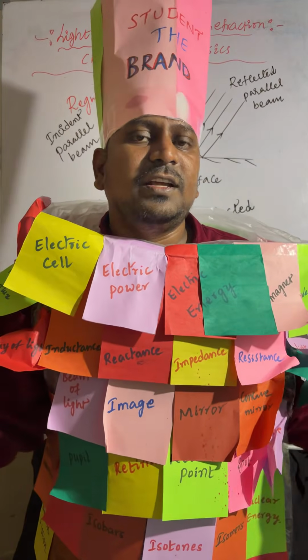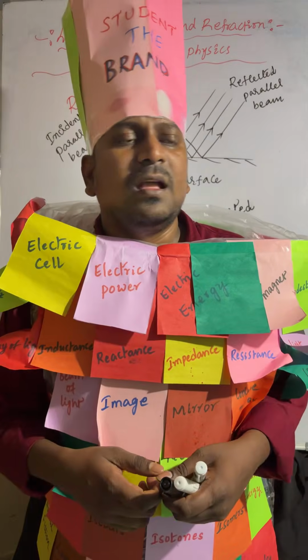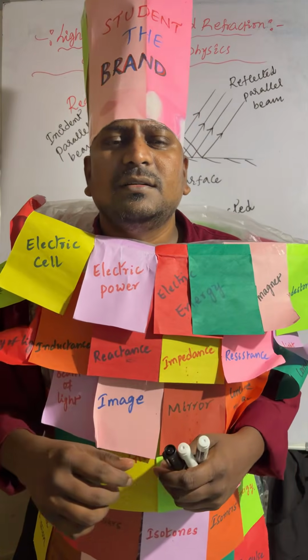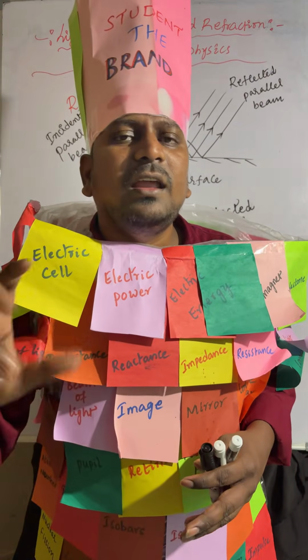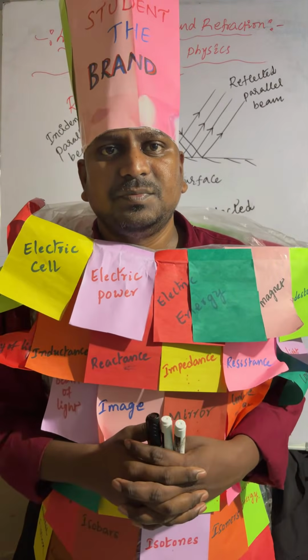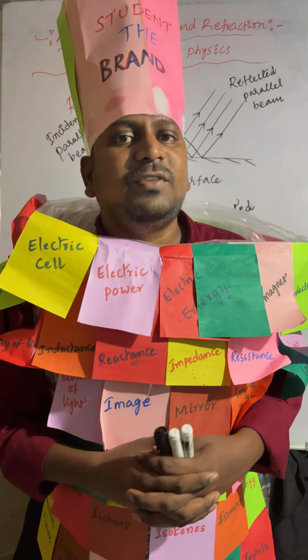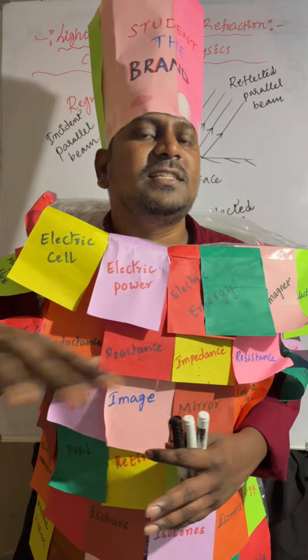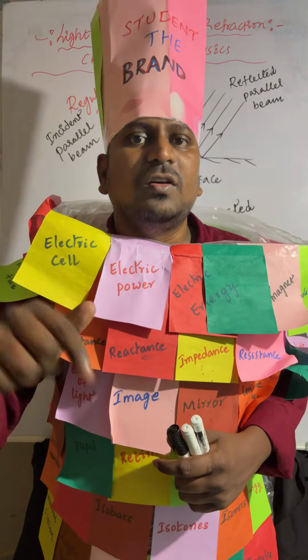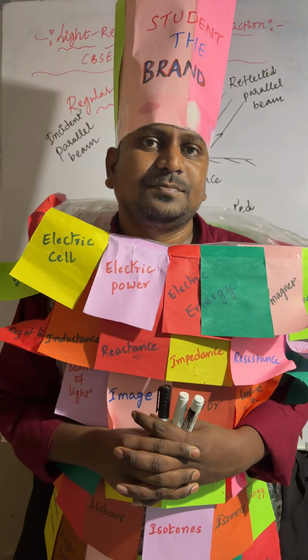What is the difference in their reflection? On a wall, irregular reflection takes place. On a plane mirror, regular reflection takes place.